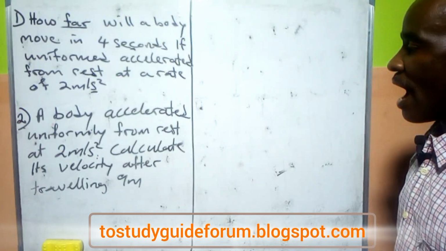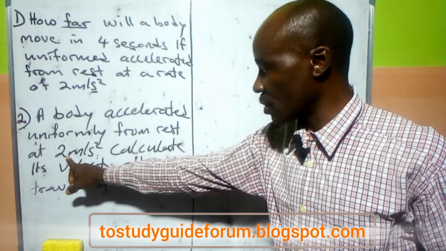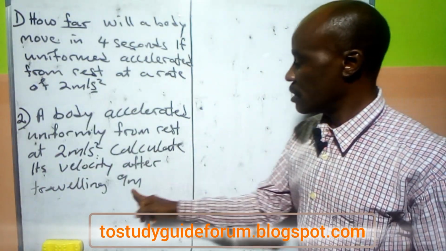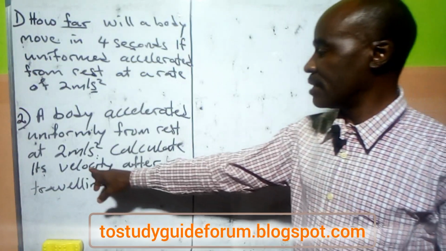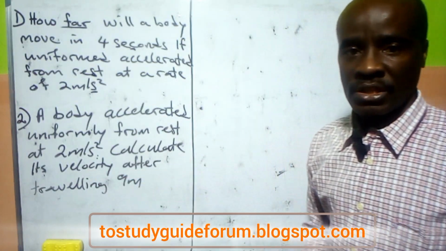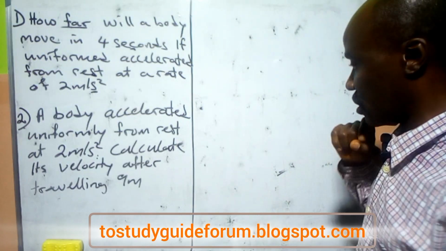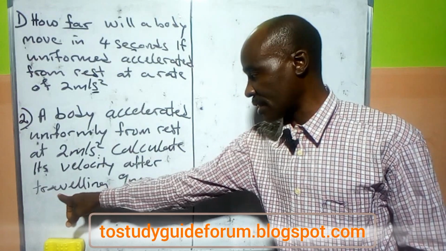In this case, our acceleration is 2 meters per second squared, and the distance is given to us. Then we are going to be finding the final velocity. Why is it the final velocity? Because we are looking at the velocity of the body after traveling 9 meters.